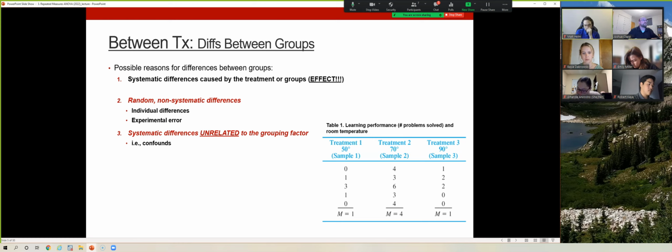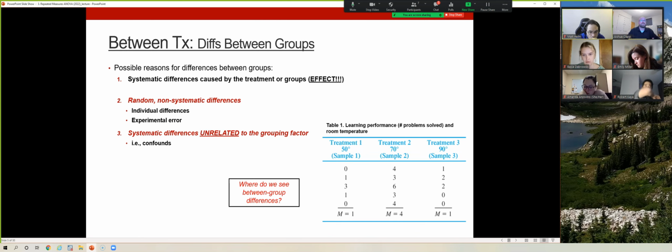Remember, in an ANOVA situation, anything that I haven't measured that's driving variability is by definition error. Maybe sample 1 is different than sample 2, not because they're in population 1 or population 2, but because of some third unmeasured variable that's not in my model. Who knows, right?